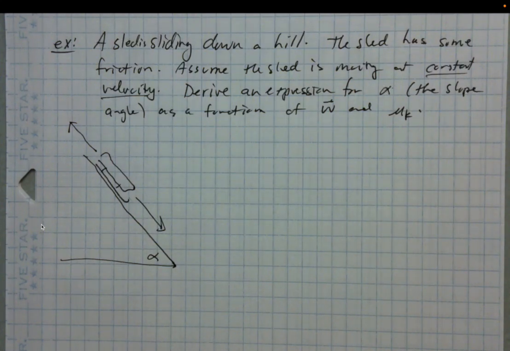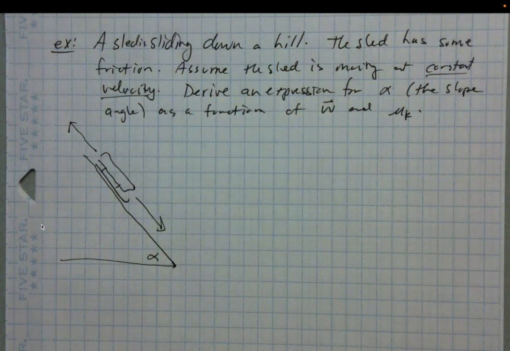We want to derive an expression for alpha, the angle that keeps the velocity constant, as a function of the weight of the sled and the friction between the sled and the slope. Obviously if the slope is solid ice, then alpha has to be much smaller to maintain equilibrium. But if the slope is very slushy and almost muddy, then it has to be a lot higher to keep the sled from grinding to a halt.